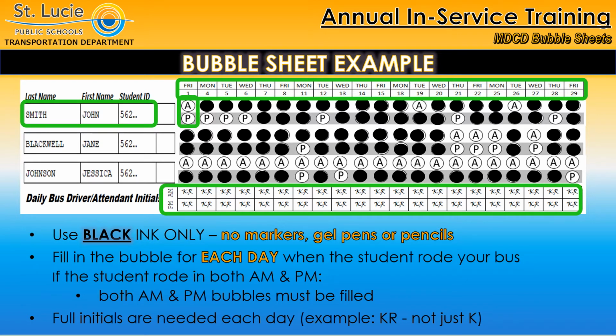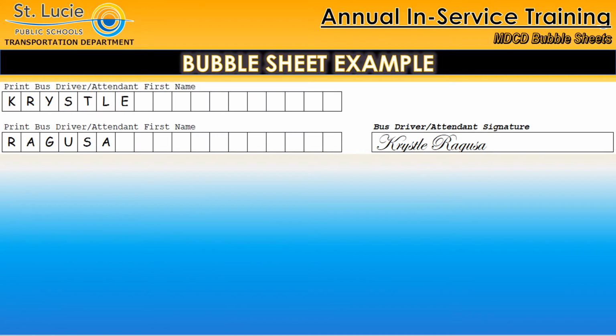If anything other than black pen is used, the scanning machine will not count everything properly. On the bottom portion of the form is where you will print your first name, last name, and sign.